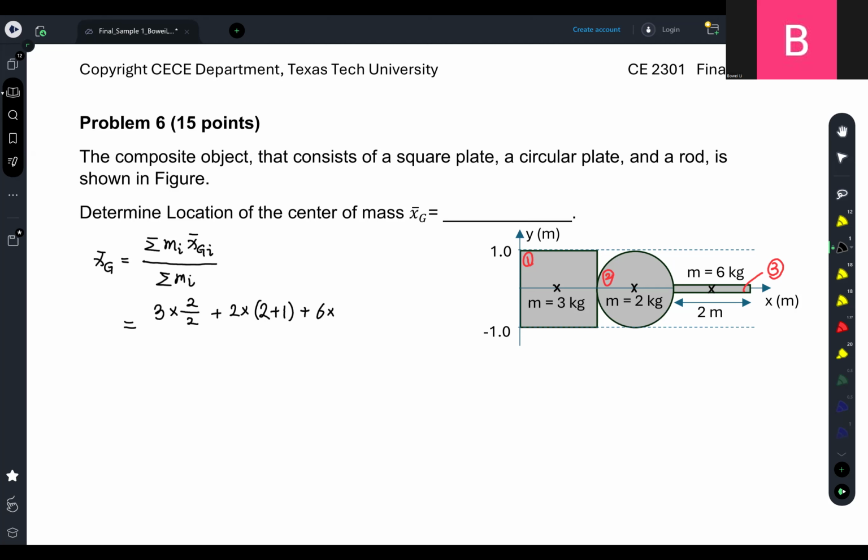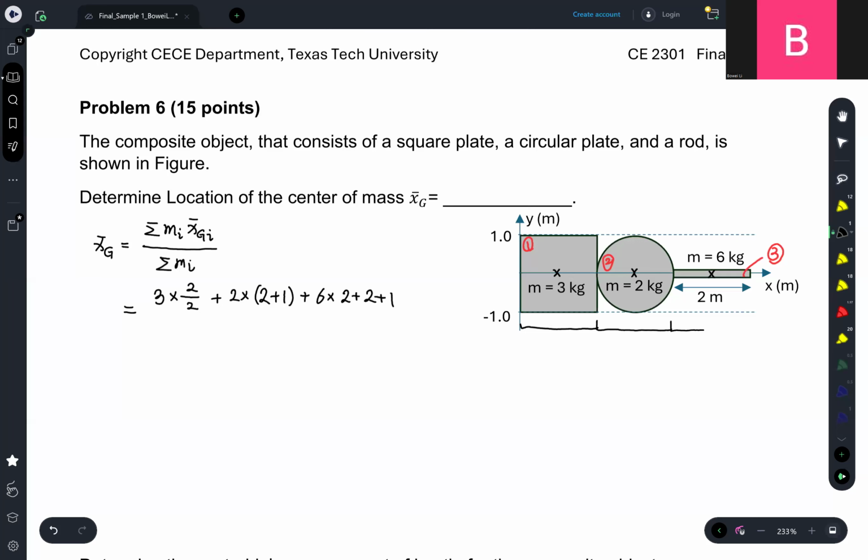Then the x coordinate of that will be 2, the side of the square here, plus 2, the diameter of the circular plate here, plus 1, the distance from the end to the centroid of the rod. That is the x coordinate of the center of mass of the rod.